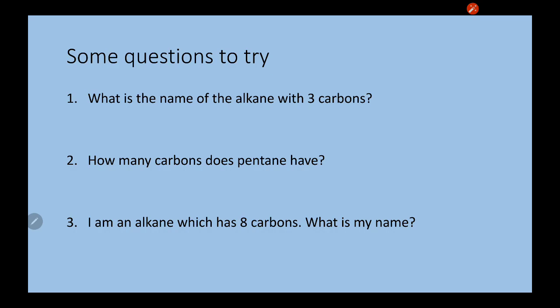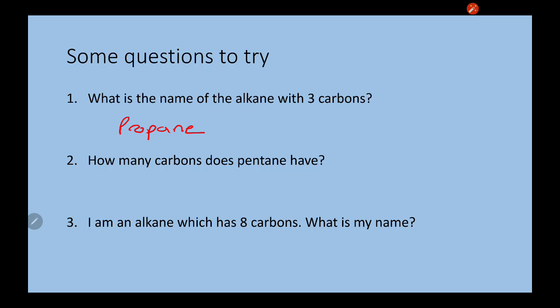Okay, the first one, what is the name of the alkane with 3 carbons? Well, hopefully you should be remembering now that 3 carbons, well, it's meth, eth, prop. So that would be prop, and because it's an alkane, it's propane. How many carbons does pentane have? Well, meth, eth, prop, but, pent.